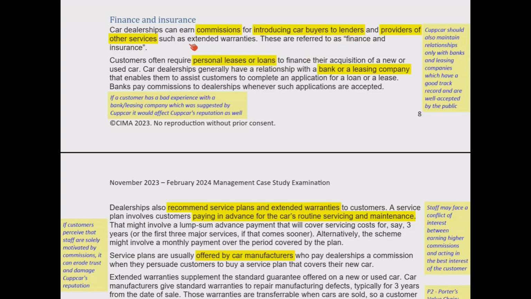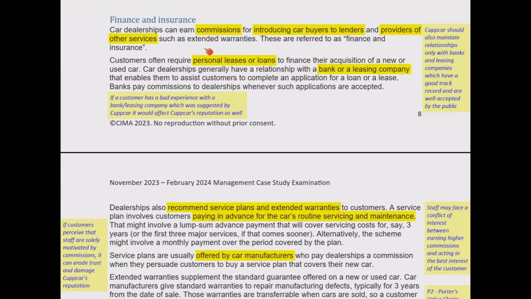And also where the dealership can earn a commission for providing the customer with a company that will offer extended warranties. So this is a very different source of income. It's commission-based, isn't it? The actual offering here is done by a third party, and all Cuppcar are doing is earning a commission.